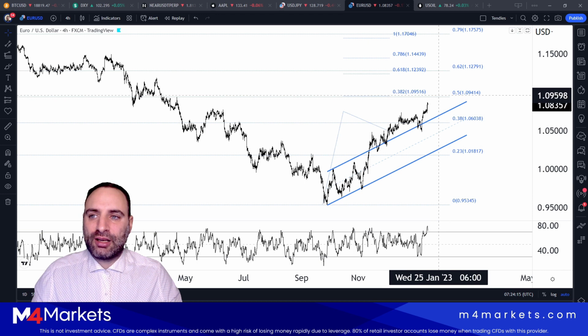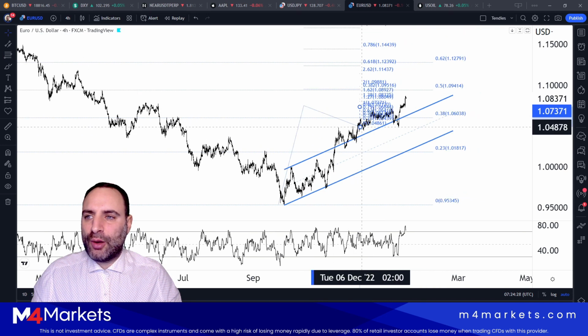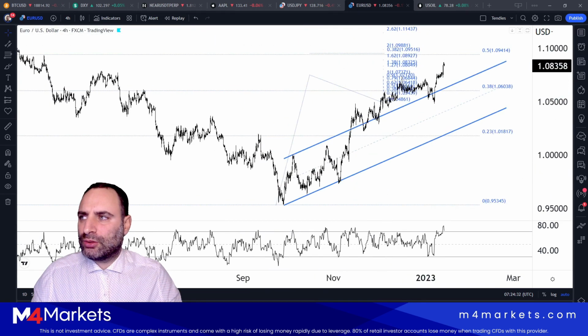That gives us a cluster around 109.5, which is then a very important level. At the same time, if we look at the measured move, which you can do with the Fibonacci retracement tool in the opposite direction, let me close this and go to the 1 hour.